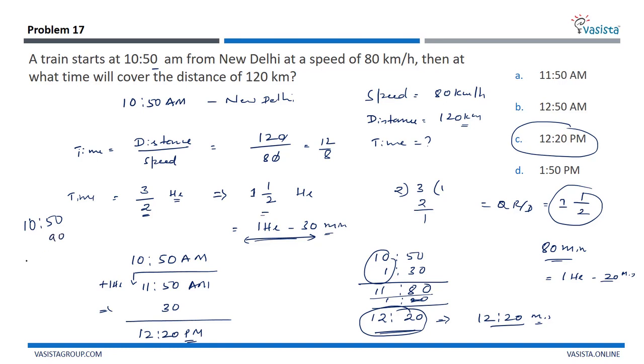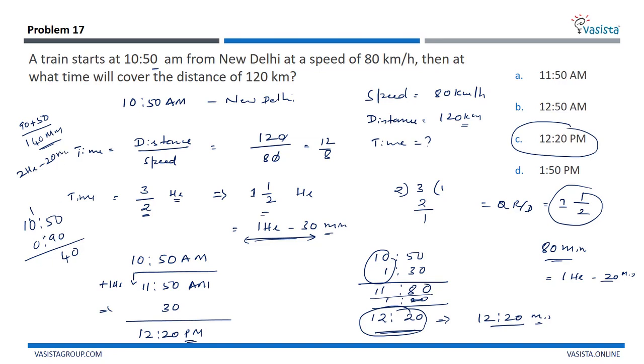This 1 hour 30 minutes is nothing but 90 minutes. 90 plus 50, that is 140 minutes. 140 minutes is nothing but 2 hour 20 minutes.